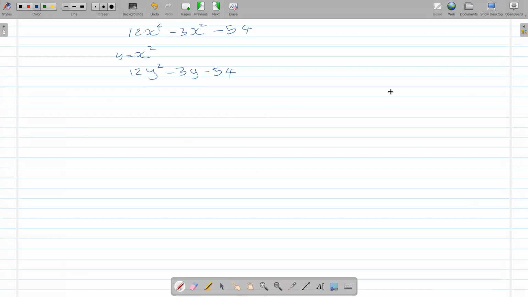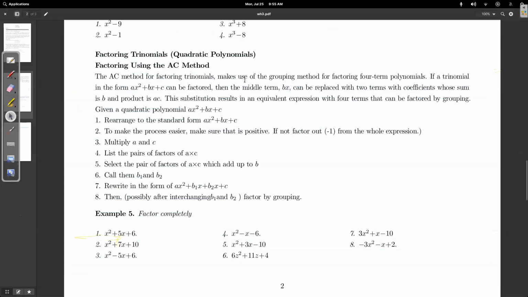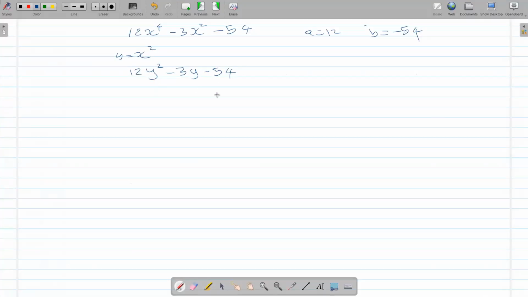So here I say A is 12, that is step 1: identify A, B, and C. B is minus 3, and C is minus 54.